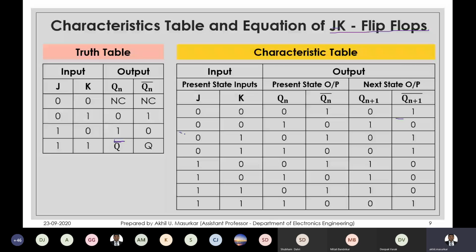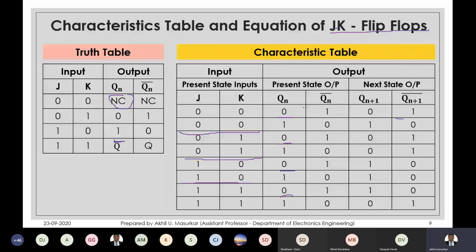For each combination of JK, we can have input as 0 and 1. The first condition for JK is no change. That is why this will be the same as this one. So Qn plus 1 will be equal to Qn.